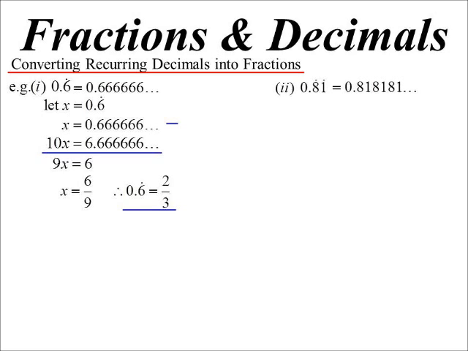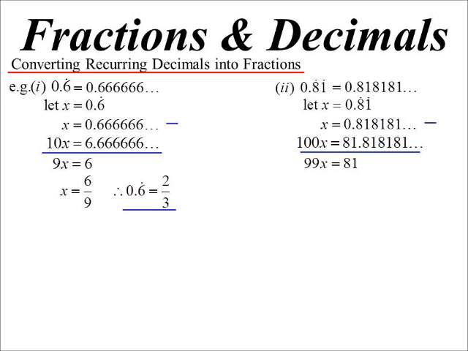If I multiply by 10 here, no good, because then I'd get 8.181818. I want 81, 81, 81. So I need to multiply by 100 in this case to move the decimal place 2 spots. And then the same idea will work. We'll do a subtraction, and we get 99x is 81, so x is 81 on 99, which simplifies down to 9 on 11.